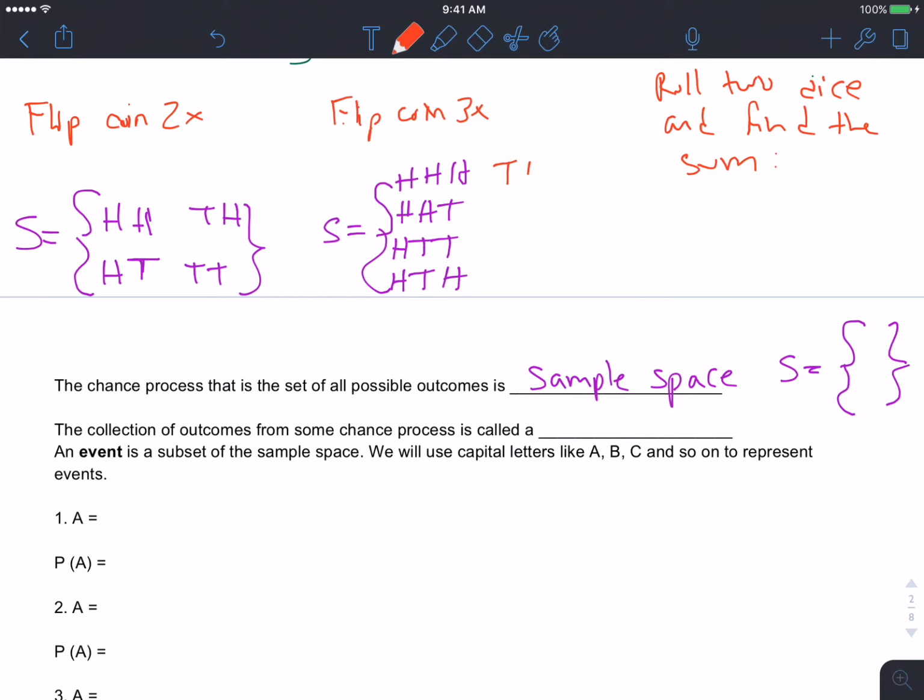I could get tails, tails, tails. Tails, heads, heads, or tails, heads, tails. And those are all my different outcomes of flipping a coin 3 times.